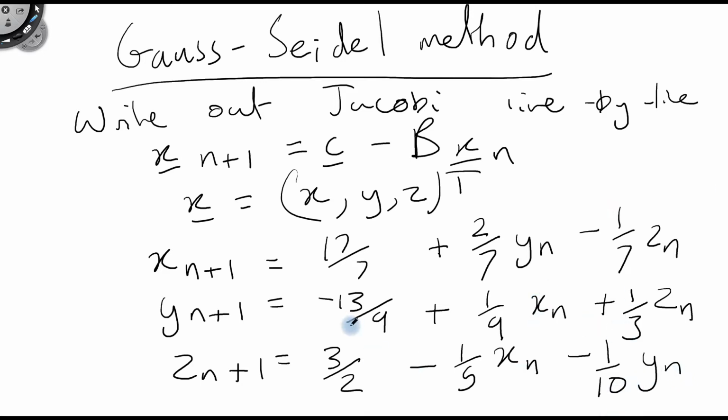So that's just rewriting the Jacobi method as a line by line statement.